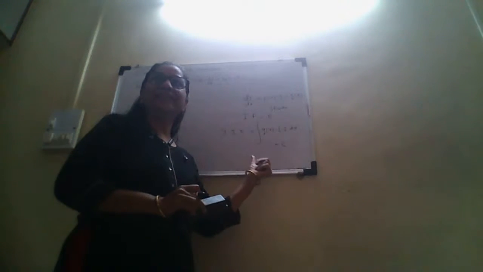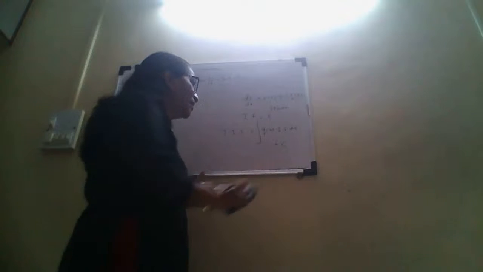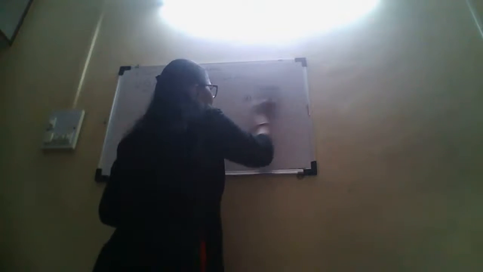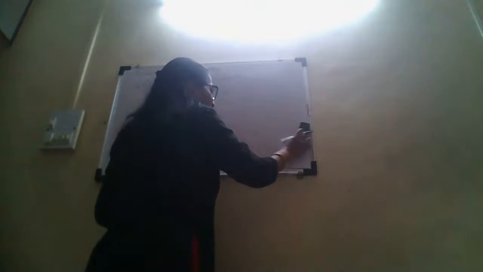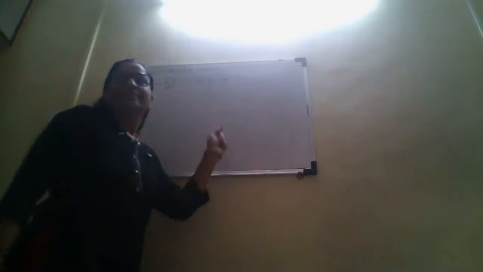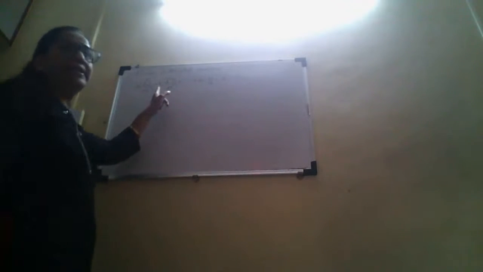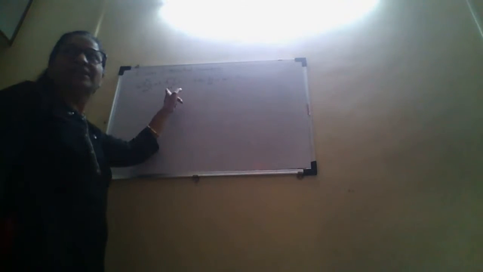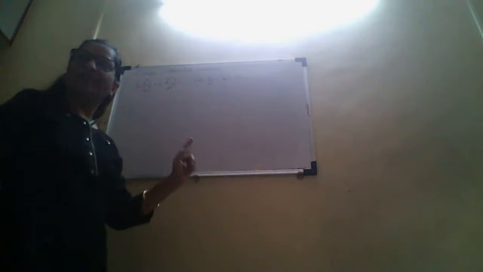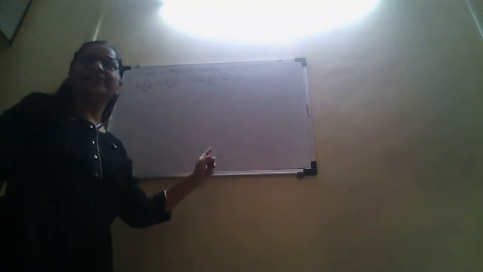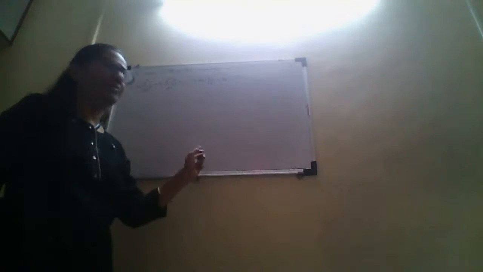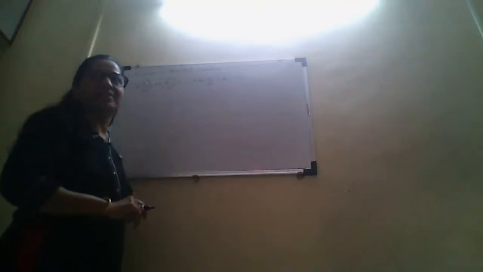Linear means its degree should be 1. Okay. So what do we mean by degree again? Once again, we revise. Try to find the highest order derivative in the differential equation and see its power. If its power is 1, then we say that the degree of the differential equation is 1. Okay. So now this is the differential equation.